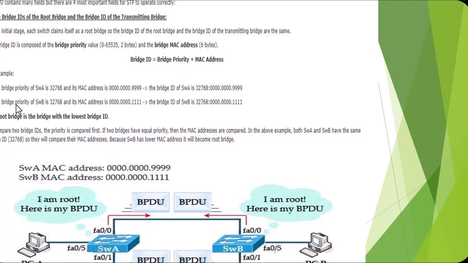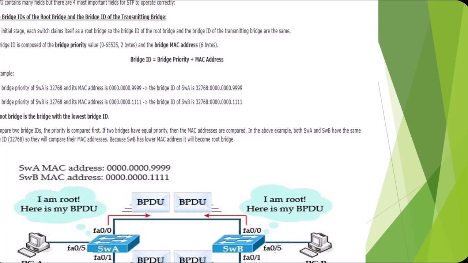For switch B, because the MAC address is different, it has a different bridge ID. So the switches compare the bridge IDs after they receive each other's BPDU. The lowest bridge ID wins the election and is elected as the root. Switch B here has a lower MAC address, so it will become the root bridge.